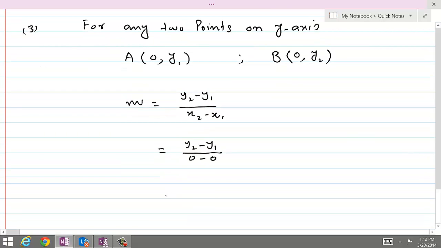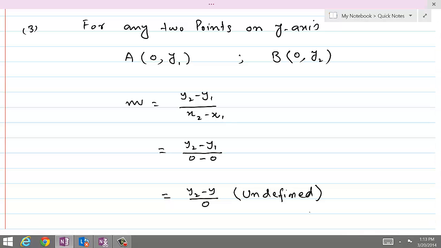Because 0 minus 0 is equal to 0, anything divided by 0 is not defined. It's not a real number, it's undefined. So the slope of the y-axis is always undefined.